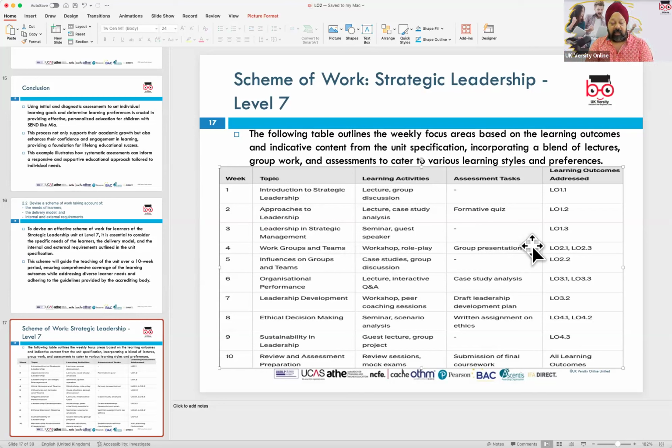Now, that could mean I'm doing a PowerPoint presentation followed by a bit of a role play or some group activity, dividing the number of learners into groups to say, okay, you discuss autocratic leadership, you discuss, say, democratic leadership, you discuss laissez-faire, and you discuss paternalistic leadership style.